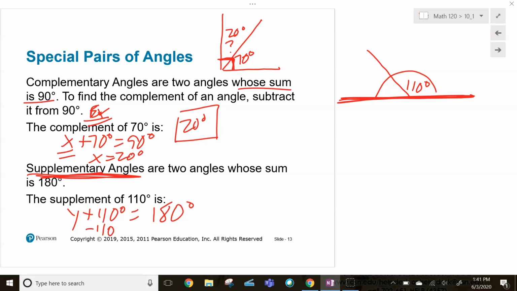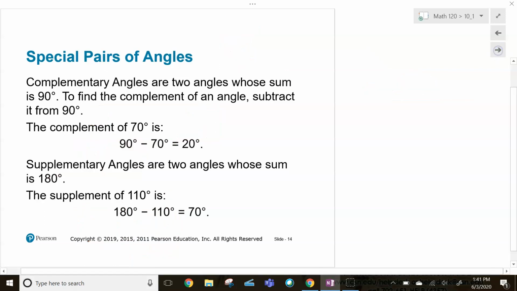Subtract 110. It's got to be 70, as you probably already noticed. So the supplement of 110 degrees is 70 degrees. So complementary: two angles add up to a corner, 90 degrees. Supplementary: a straight angle, two angles add up to 180.